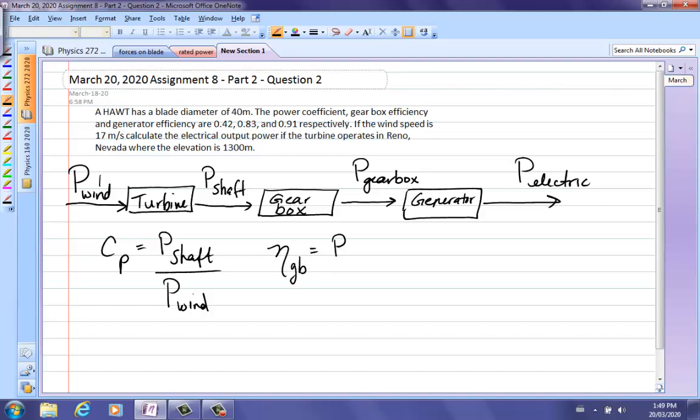And that would be the power in the gearbox divided by the power in the shaft. And then we'll have an efficiency for the generator, call that eta gen, and that's the electrical power over the gearbox power.